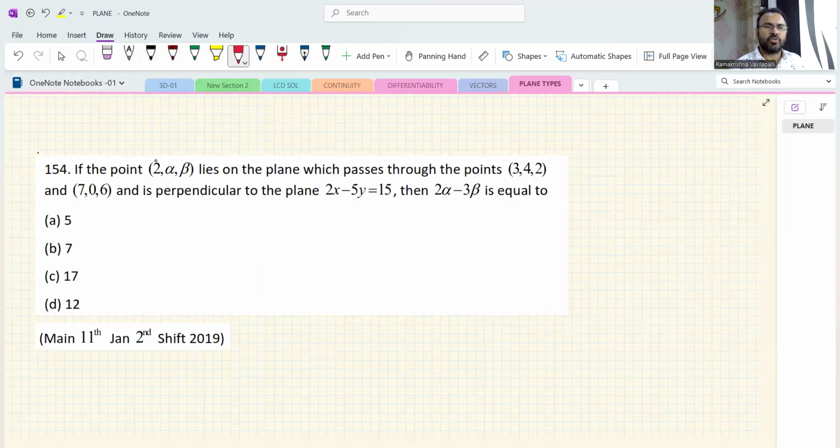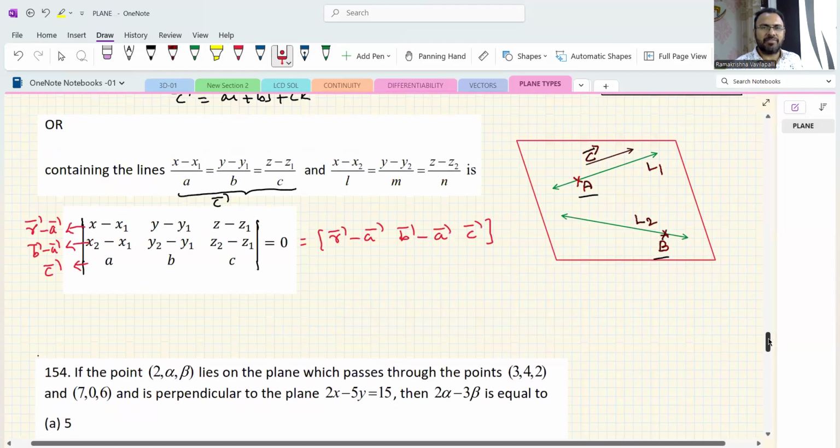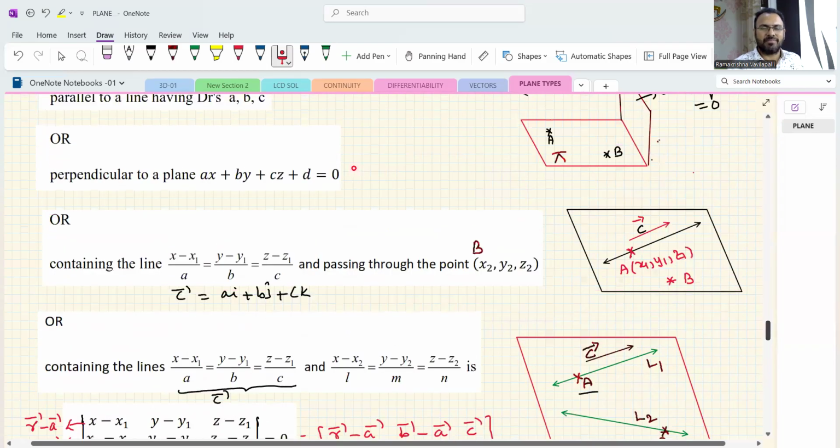If the point (2, alpha, beta) lies on a plane which passes through (3, 4, 2) and (7, 0, 6) and is perpendicular to the plane... It is exactly the same as the earlier type: passing through 2 points and perpendicular to a plane.